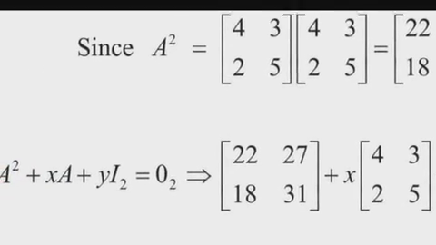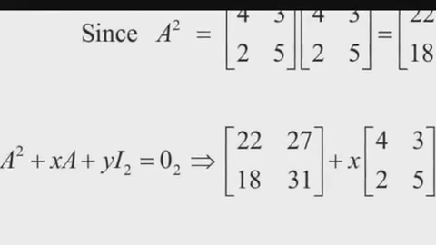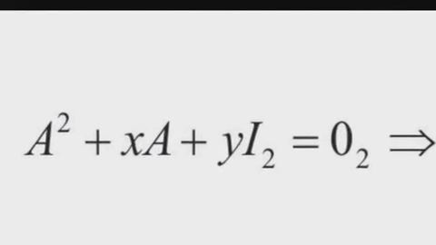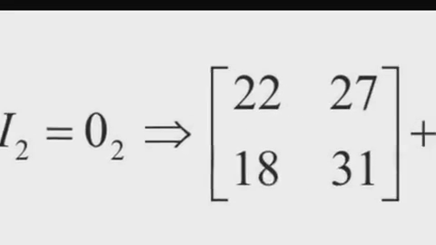Next substitute A square and A value in the given equation. What is the given equation? A square plus x into A plus y into I2 equals O2.